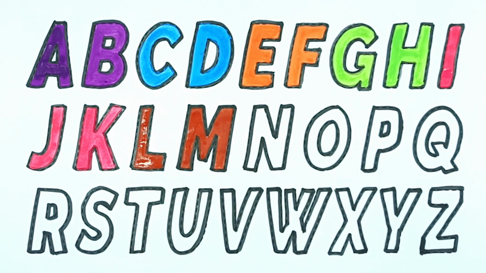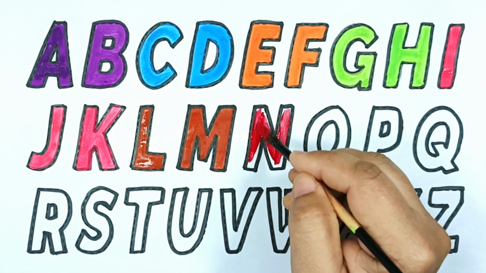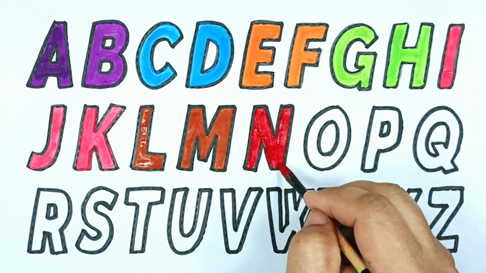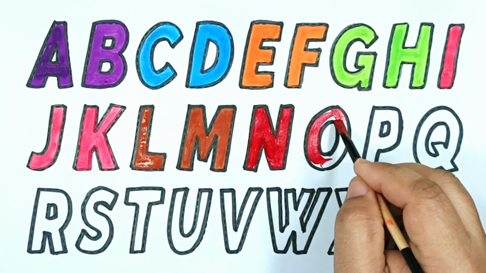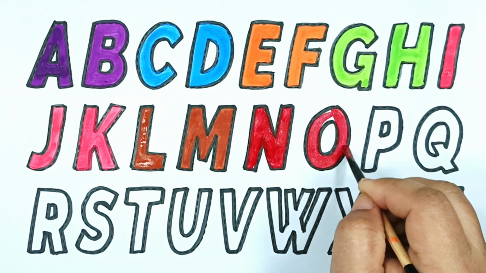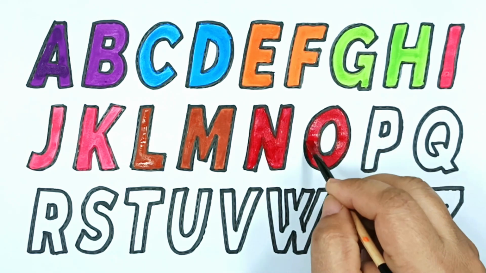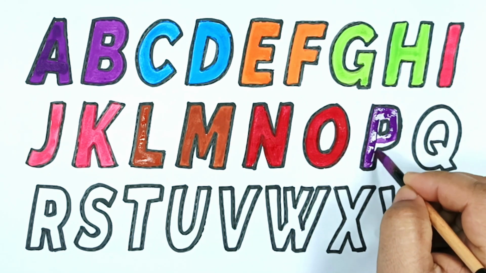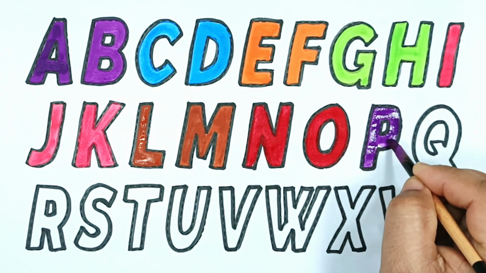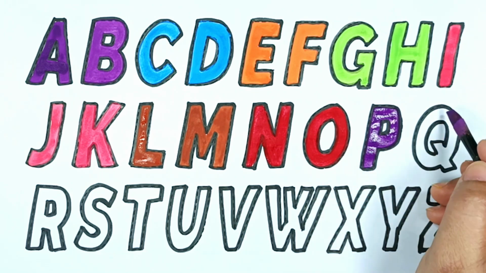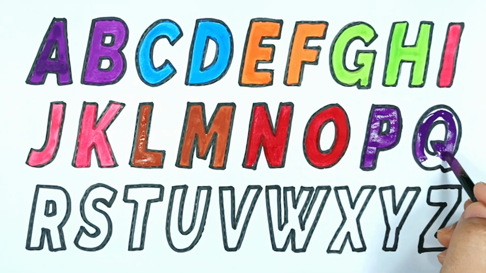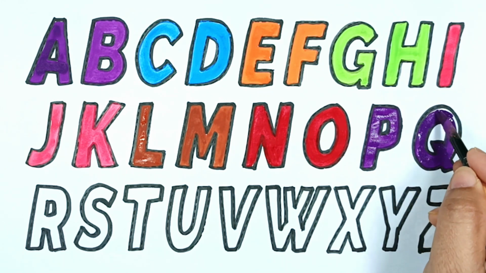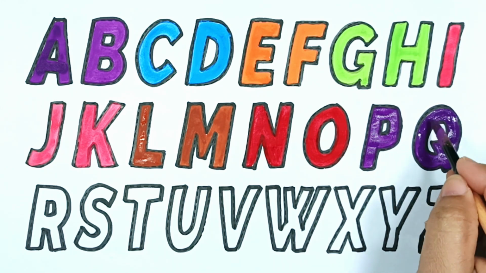M for man. N for net. O for onion. P for pen. Q for queen.